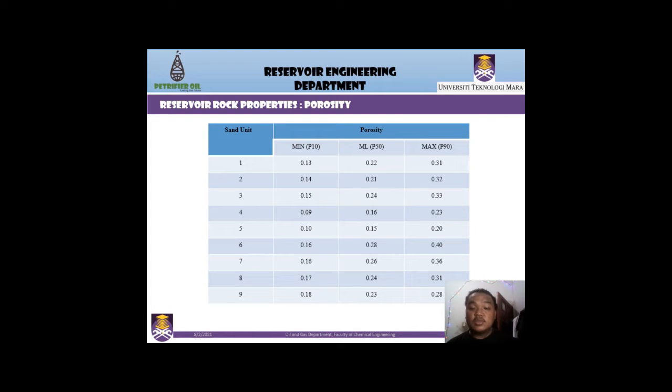The Monte Carlo simulation proposed the projection of the uncertainty of the porosity in terms of maximum, most probable, and minimum properties. Next is water saturation. Water saturation is an estimate of the fraction or percent of pore volume occupied by water.